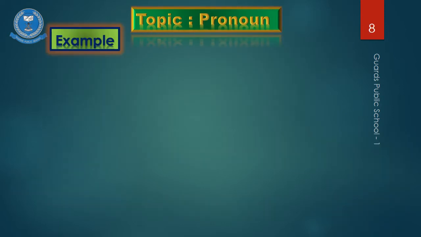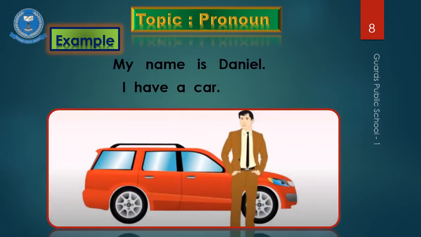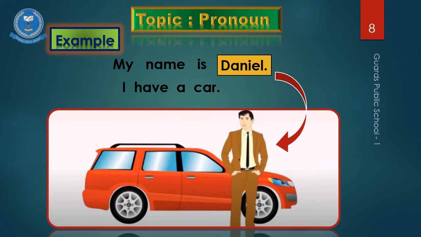Let's learn with the help of some examples. Let's read the following sentences. My name is Daniel. I have a car. Here, the person we are talking about is Daniel. But there are two more words that refer to Daniel, which are my and I. My name is Daniel.